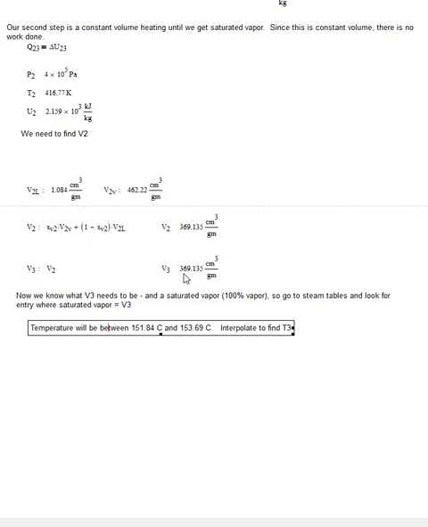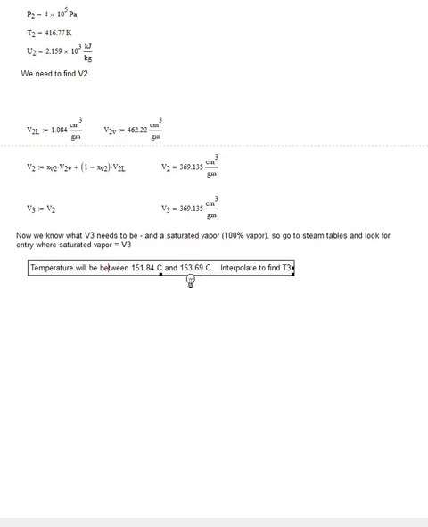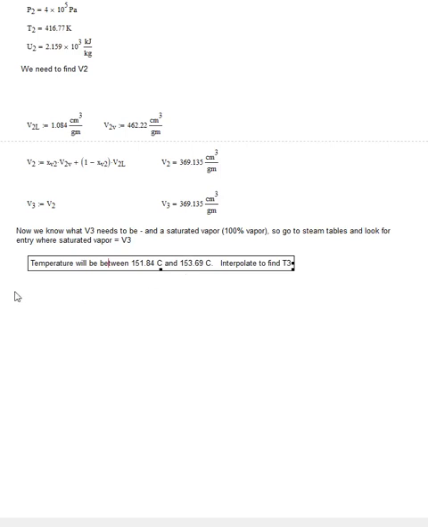Our saturated volume is going to be 369. I'm going to use the superheated steam tables, and I'm just going to look in the saturated vapor column to see if I can find where we get a molar volume of about 369. I'm starting on page 696.